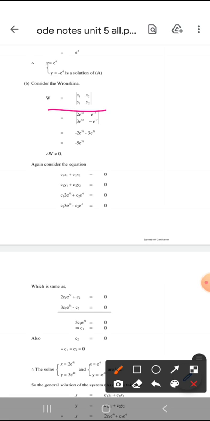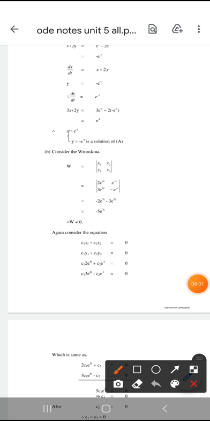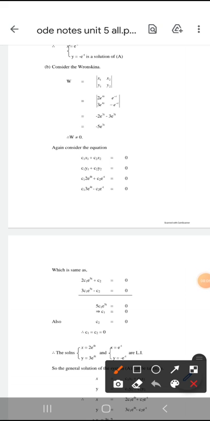So we substitute the values, and by evaluating the determinant we get -2e^(3t) - 3e^(3t), and the value is -5e^(3t), which means W is not equal to 0.